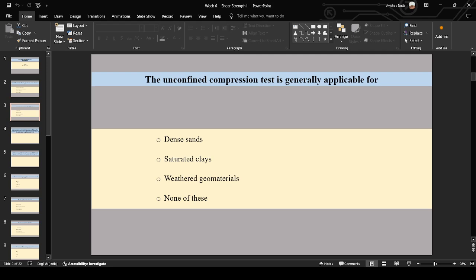The unconfined compression test is generally applicable for. The options are dense sands, saturated clays, weathered geomaterials, or none of these.